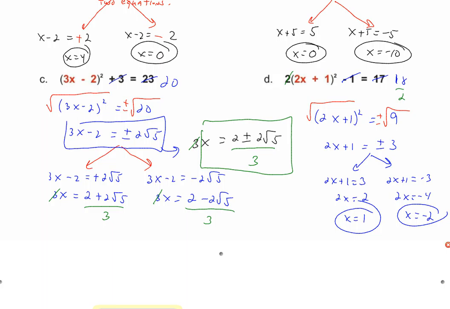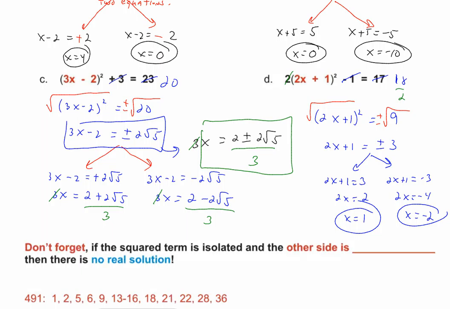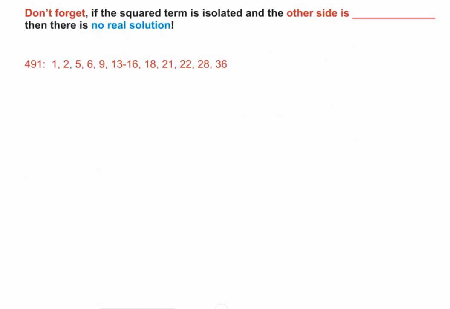All right, so let me just add one more note here. Refresh your memory with something. All right, so let me refresh your memory on one situation. Don't forget, if the squared term is isolated and the other side is blank, then there is no real solution.